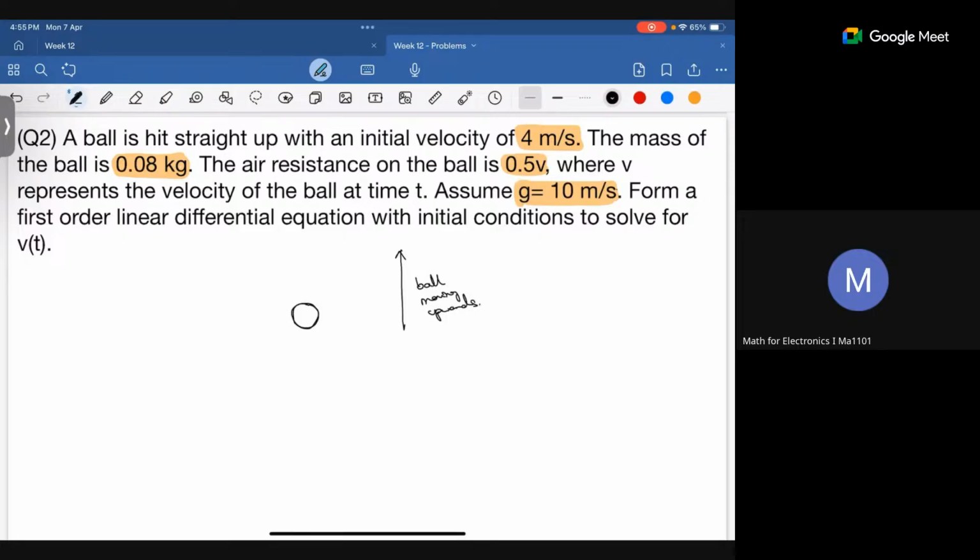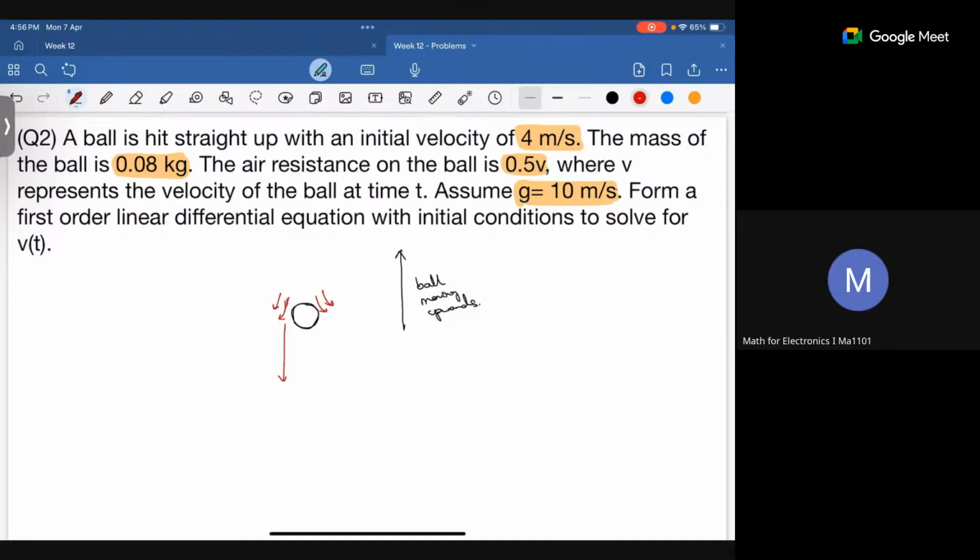When the ball is moving upwards, the air resistance will act downwards. This is how air will resist the ball, so that is how the ball will stop quicker.